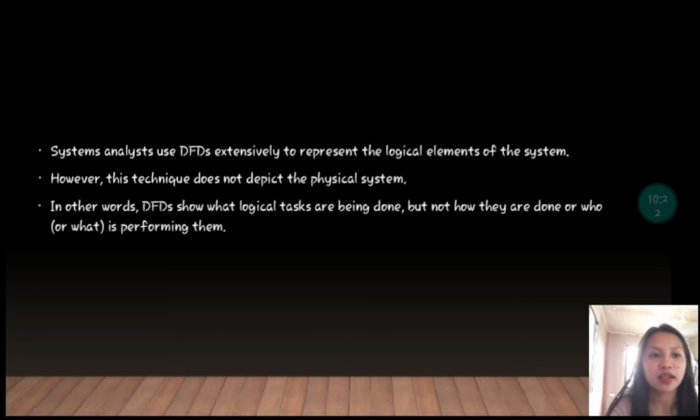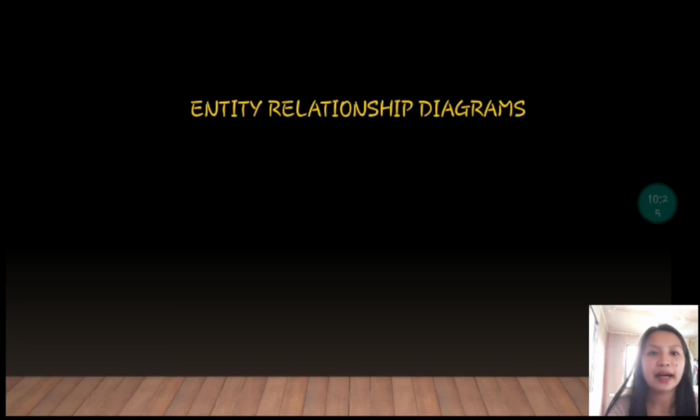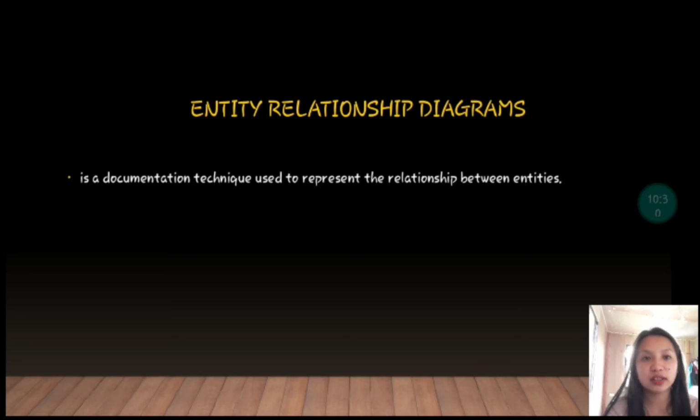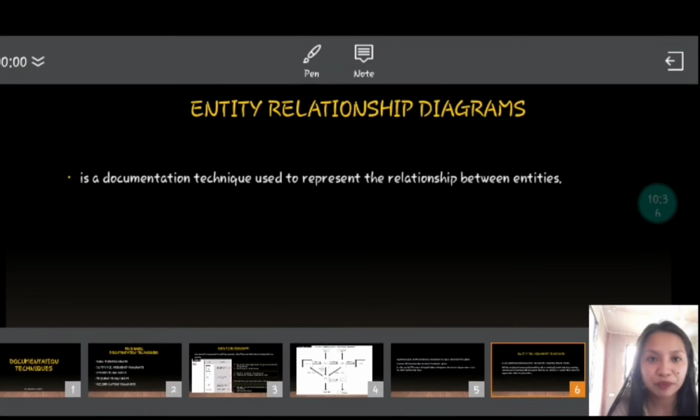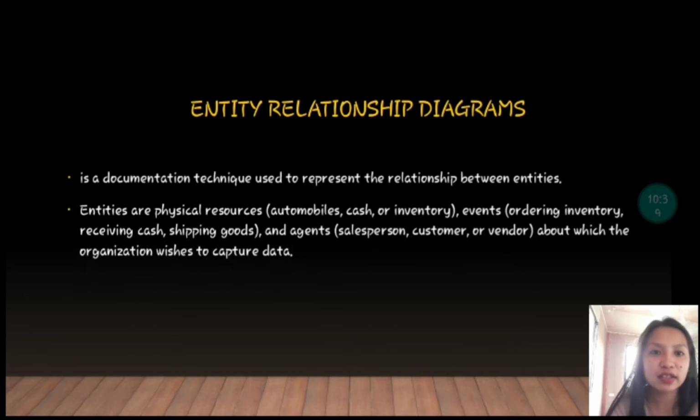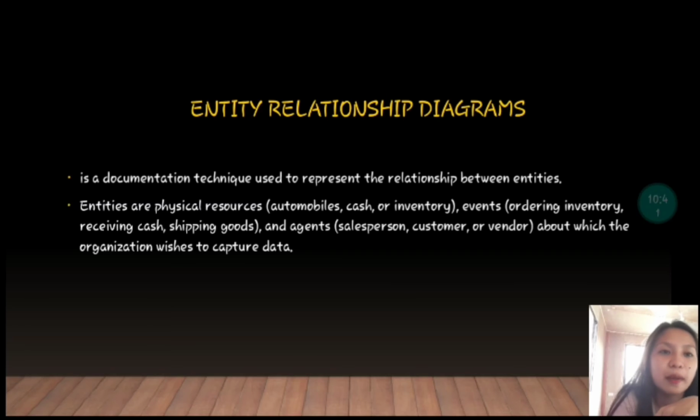And next, we have the entity relationship diagram. This is a documentation technique used to represent the relationship between entities. The entities can be either physical resources like automobiles, cash, or inventory, or events like ordering inventory, receiving cash, and shipping goods, or agents or persons, like the salesperson, customer, or vendor, about which the organization wishes to capture data.